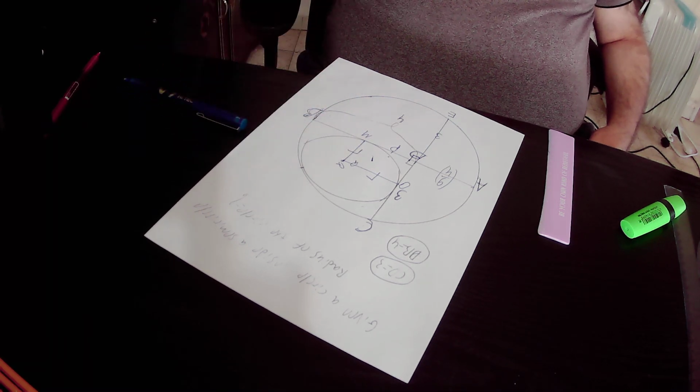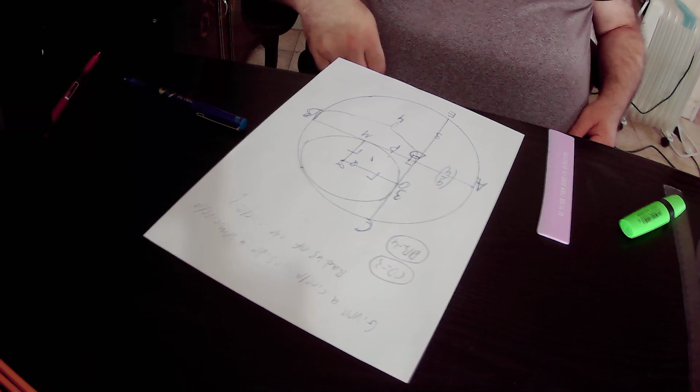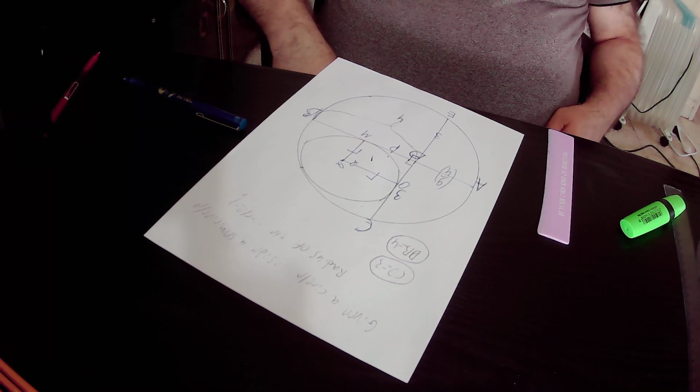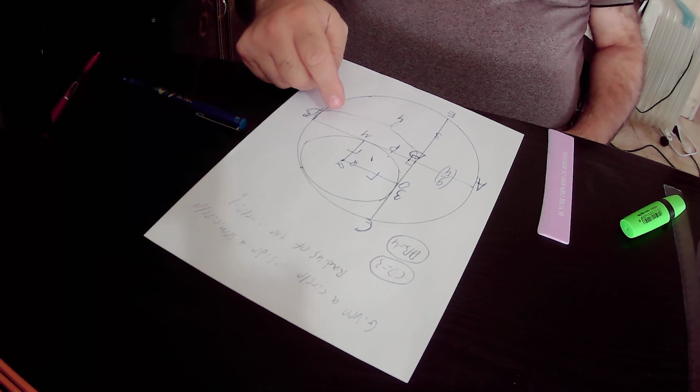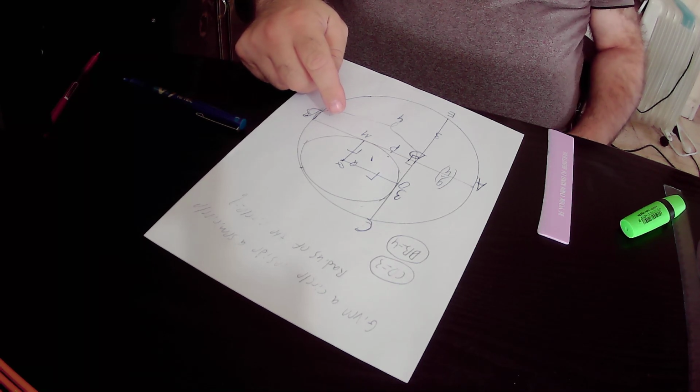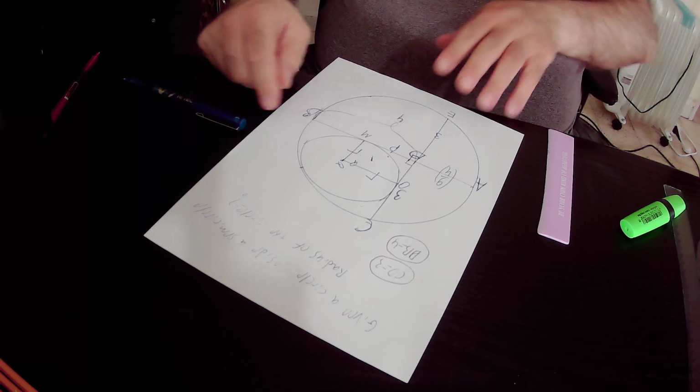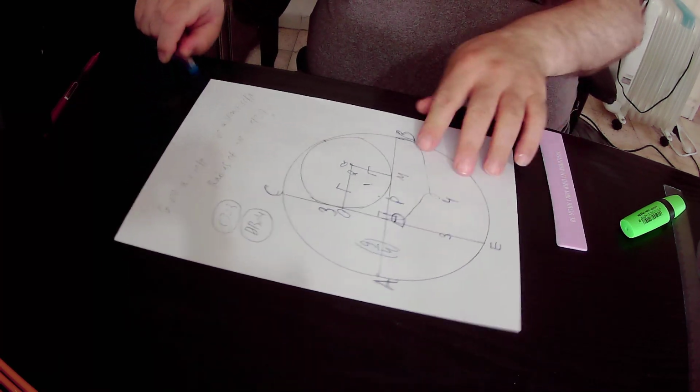Because line segment QM starts from point Q, the center of the small circle, and point M is a point on the small circle itself, QM is defined as the radius of the small circle that is equal to small r.